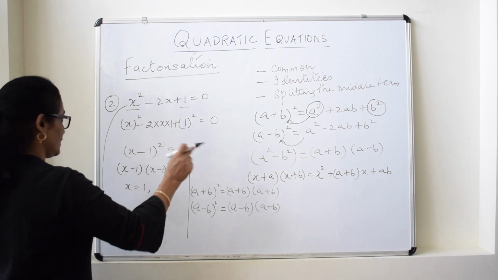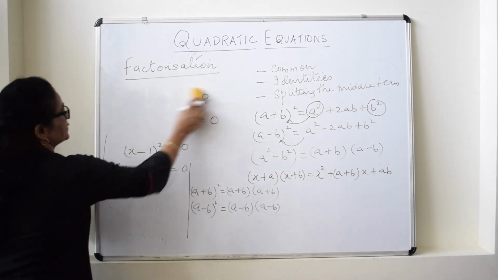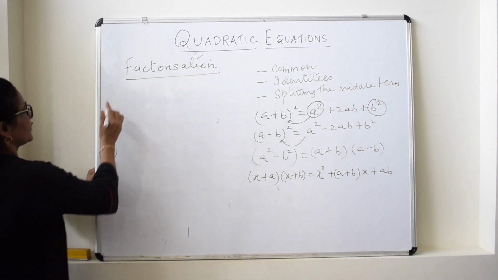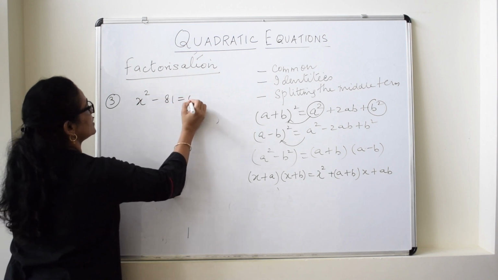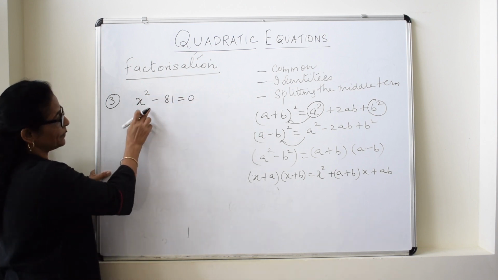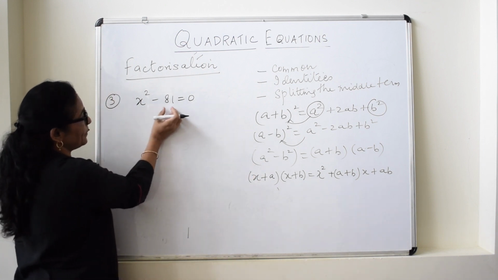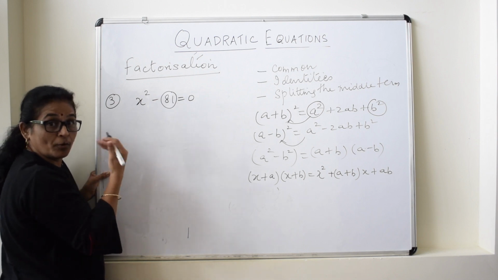Now we will see the third identity based question. If the question is given this way, x square minus 81 is equal to 0. Now compare it with this, a square minus b square. This is a square minus. This term we will rewrite in the form of a square.